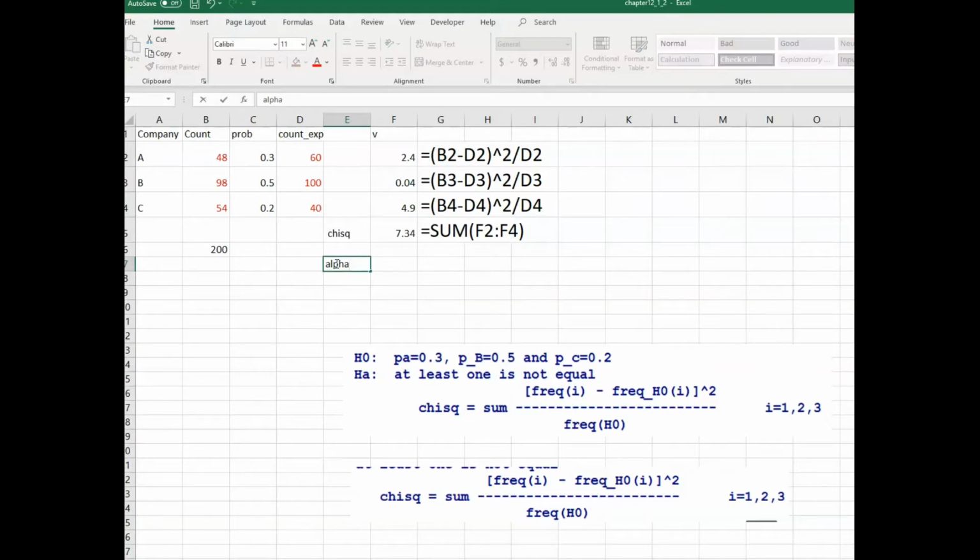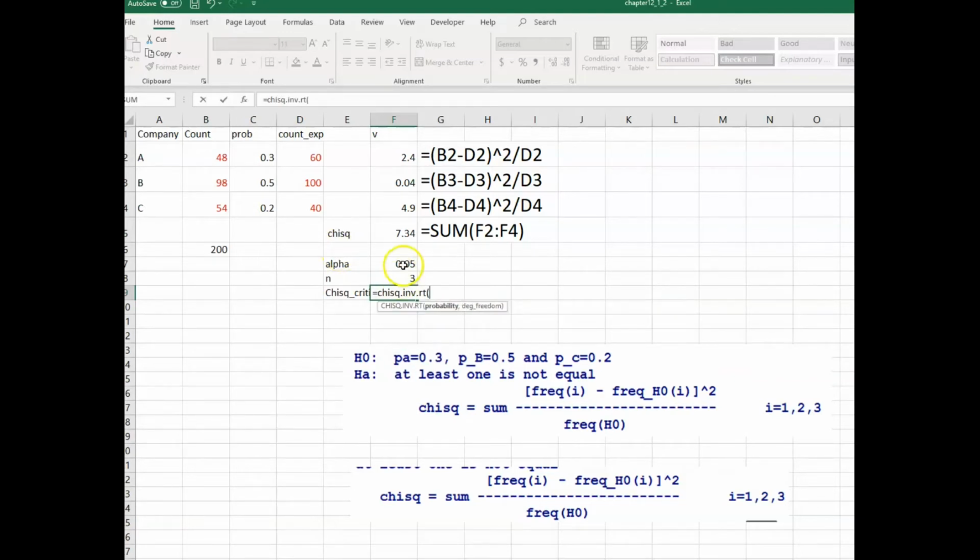Okay, and alpha is 5%. Okay, it's 5. And we have 3 pairs, so n equals 3. Okay, so let's look at chi-square critical. Okay, according to the formula, we use right tail, so equal CHISQ.INV.RT.